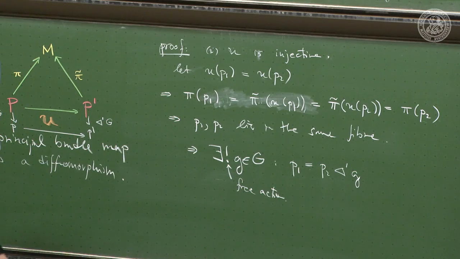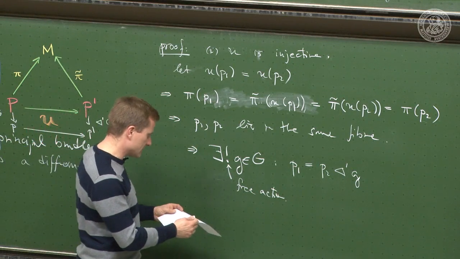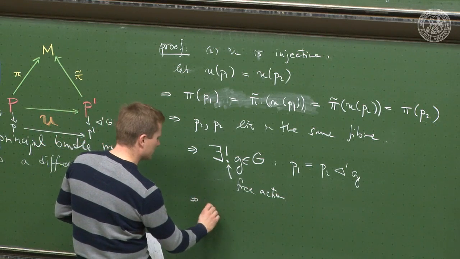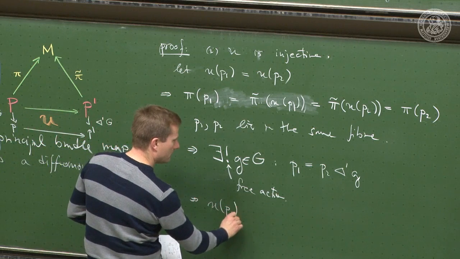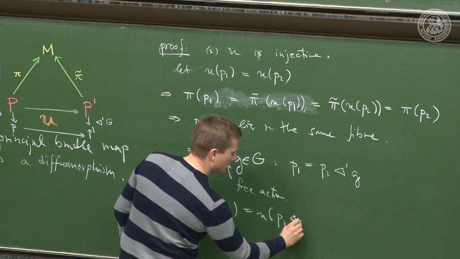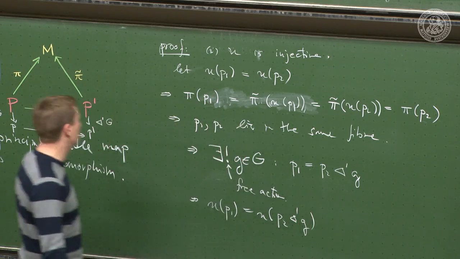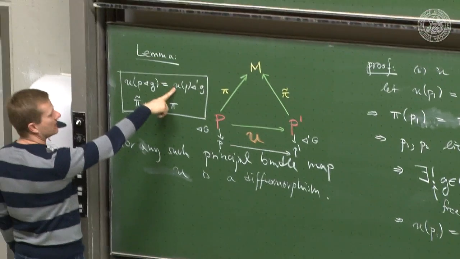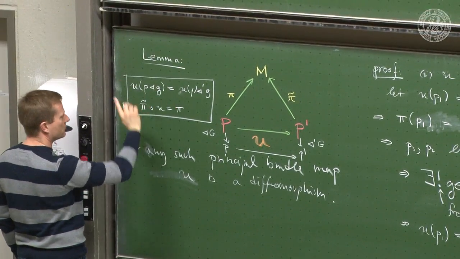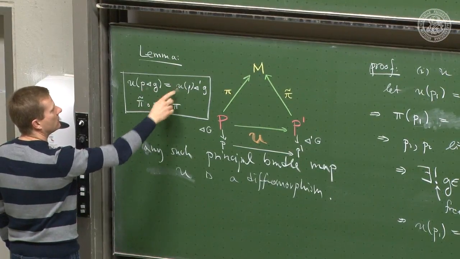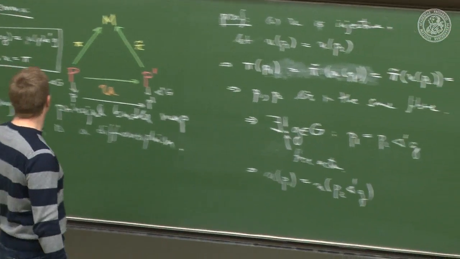Otherwise, this wouldn't be the case. Okay, so this is this thing. But then you have that U of P1 is, of course, the U of P2, and we have this action here on it. But now we refer to this property that's actually the equivariance property of the principal bundle map. This was just the bundle map, but now we use this principal bundle map guy.